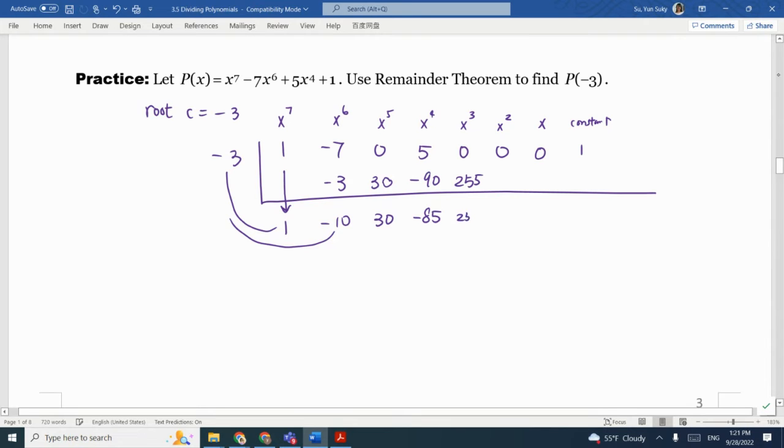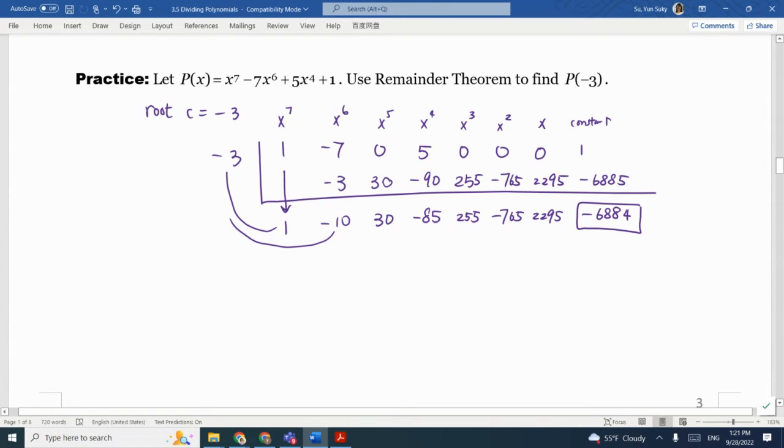Thank you. We add them, 255. And what's that multiplied by -3? -765. Add them, so -765. Multiply by -3. So 2,295. Multiply by -3. When we add the 1, we got -6884.